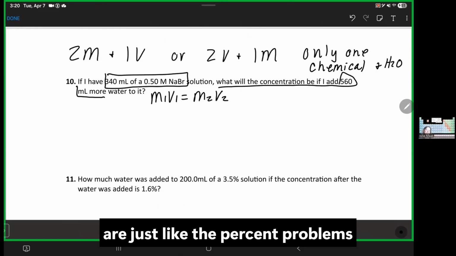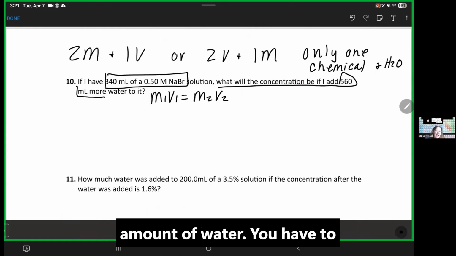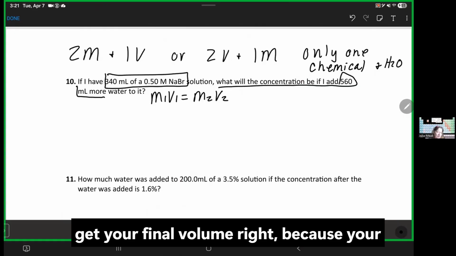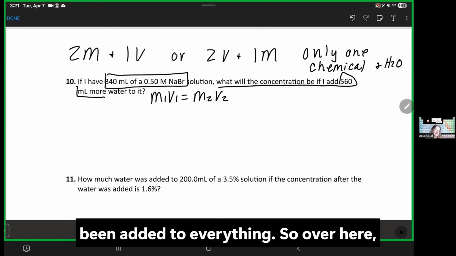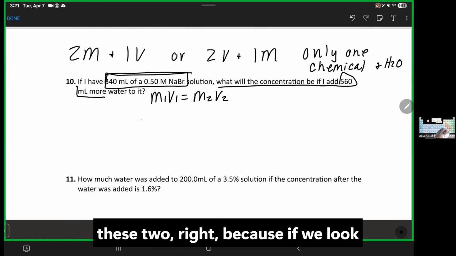Okay, these are just like the percent problems, that if they give you an amount of water, you have to add it to your initial volume to get your final volume, right? Because your final volume is after the water has been added to everything. So over here, my first molarity, it's these two, right?